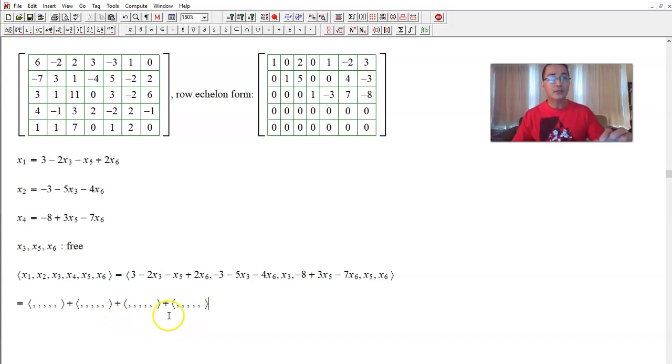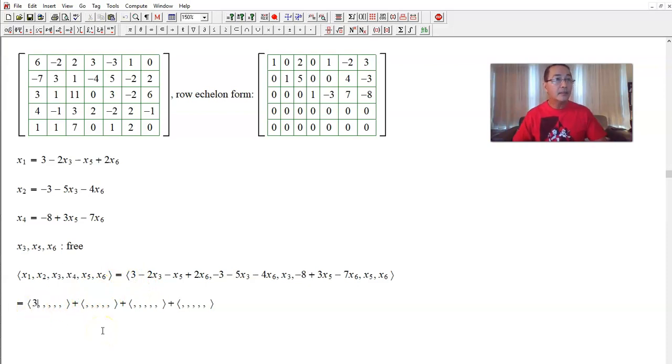Well, this is going to look a lot like what we did when we solved the homogeneous system and we separated the x3s from the x5s from the x6s and so on. In this case, though, we will separate the constants which are by themselves, the 3, the -3, and the -8, and put those in their own vector.